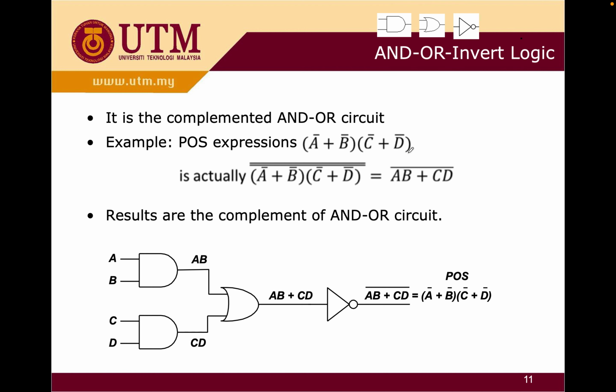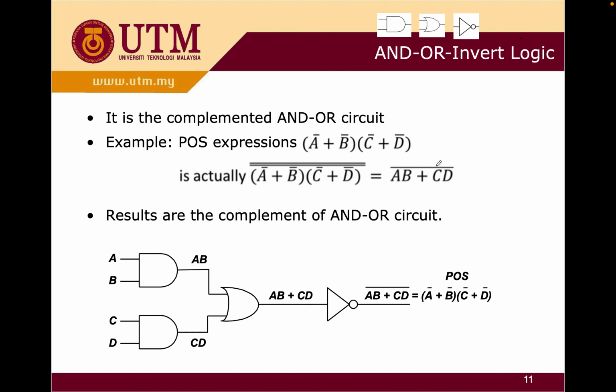But how to define this? How to define that it is the POS? Because you can see it is like AND. Of course, it's going to be AND first, like this, right? It's supposedly AND gate, OR gate, and OR gate. So just put the bar there. This is AND-OR-NOT, bar, AND-OR, and then NOT.